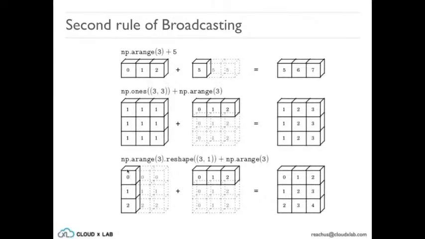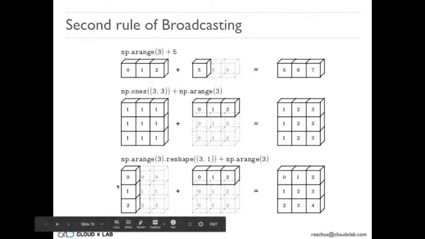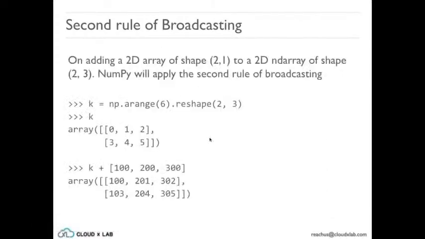Similarly, if you've got something like this, it will get pulled 3 times, and it will create it. So these are concepts called broadcasting, which is quite powerful at times and makes things very easy to do. That was called the second rule of broadcasting.